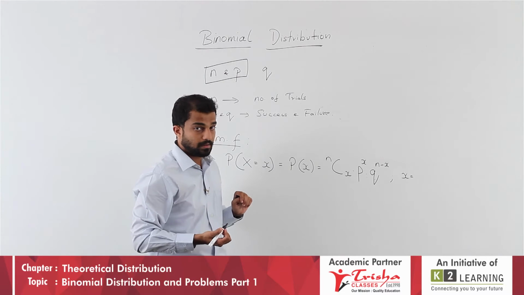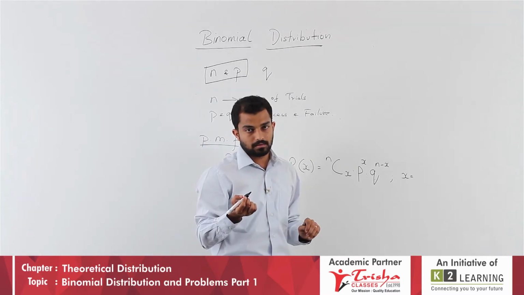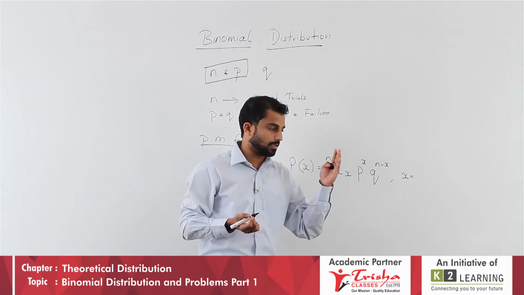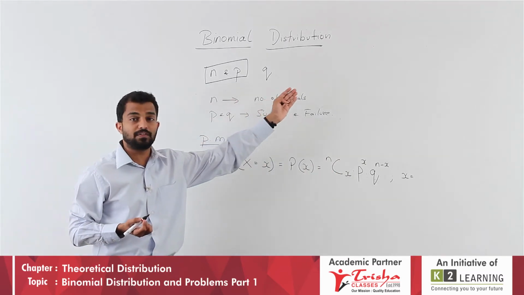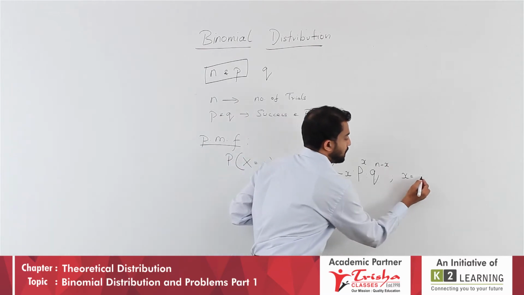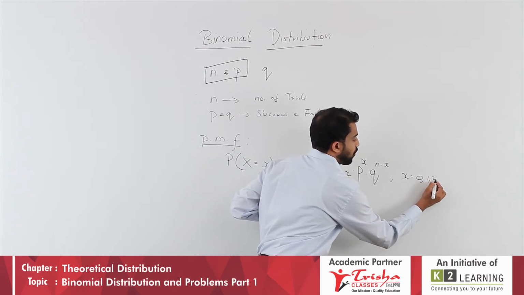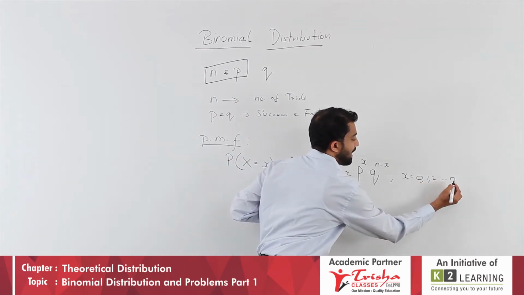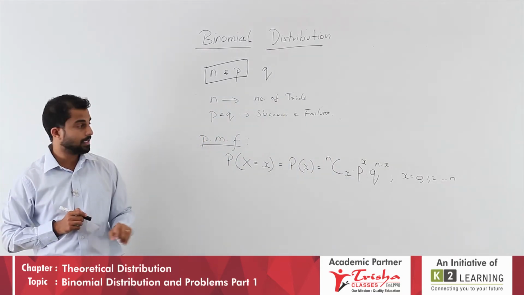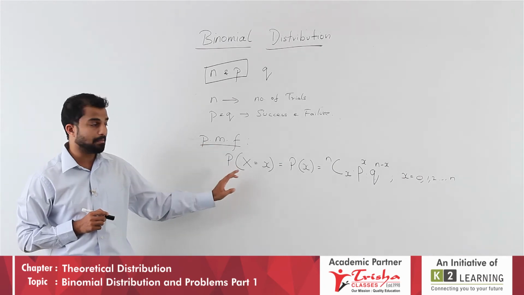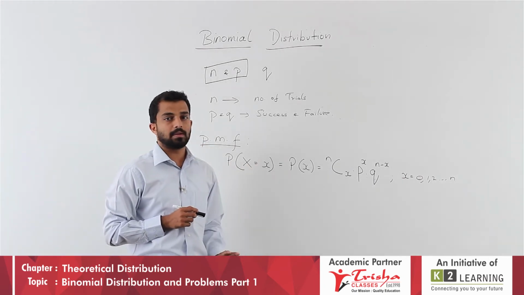For Bernoulli, it was 0 and 1 because there were only two outcomes, a success or a failure. But here we have a number of trials, so it is 0, 1, 2 up to n. That means we can have n number of trials. And this is the probability mass function. Two things to remember here.